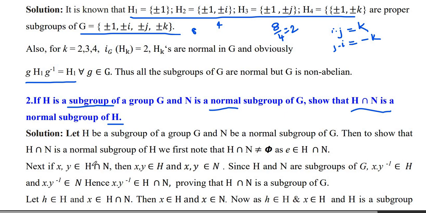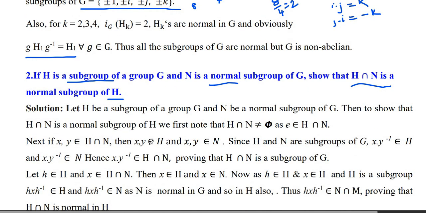Then you consider x and y in H intersection N. Since x, y are in H and x, y are in N, x dot y inverse will be in H and N, and therefore it must be there in the intersection. Or you can simply mention, if it is asked in section A, instead of establishing all this, that if H and N are subgroups, then the intersection is a subgroup. So here H intersection N is a subgroup. Otherwise, in a 5 marks question, if it is asked, all these details are to be given.